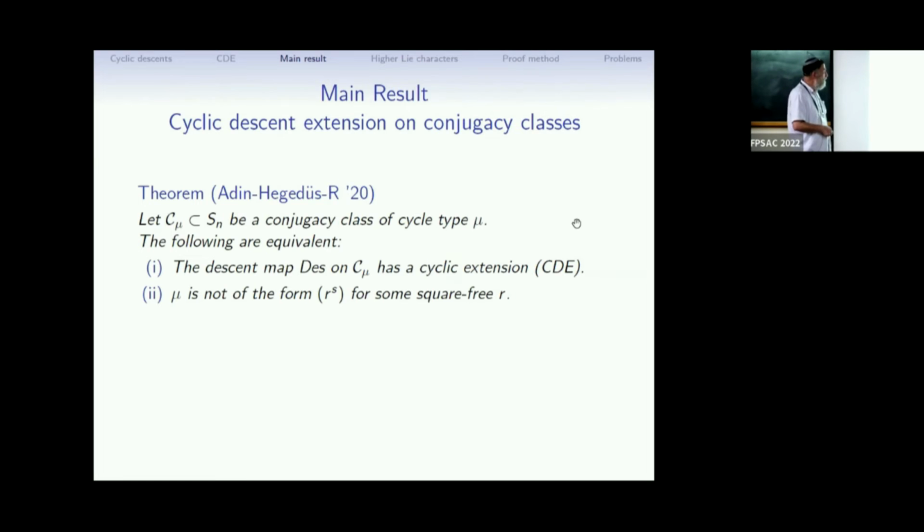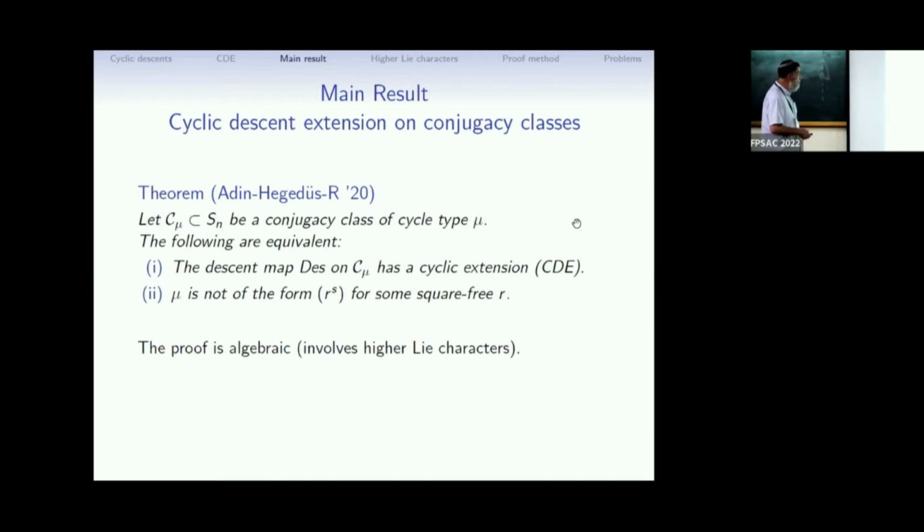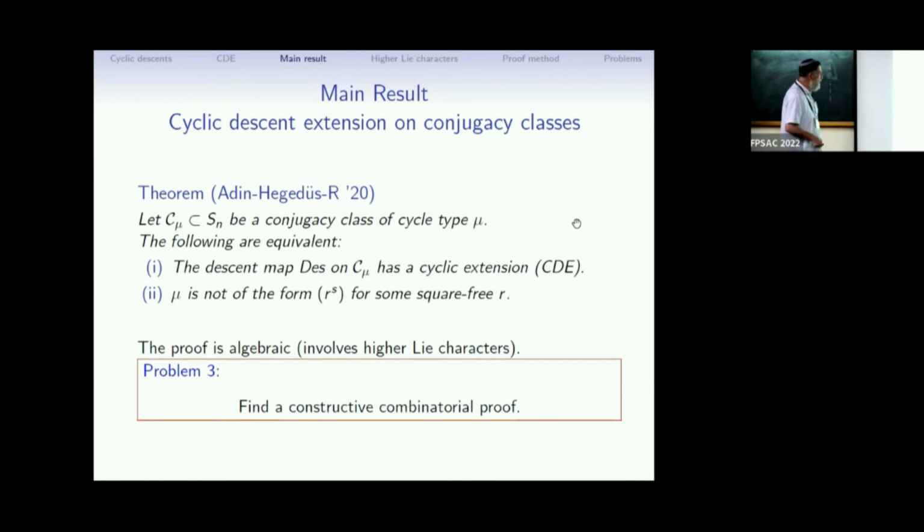If not, the cycles should be square-free. What's important is the r, that r should be square-free. This is the result, and the proof is algebraic and involves Hecke algebra characters. Unfortunately, even though I tried to publicize this problem, we do not have a constructive combinatorial proof. So now there is progress, but not for this conference.